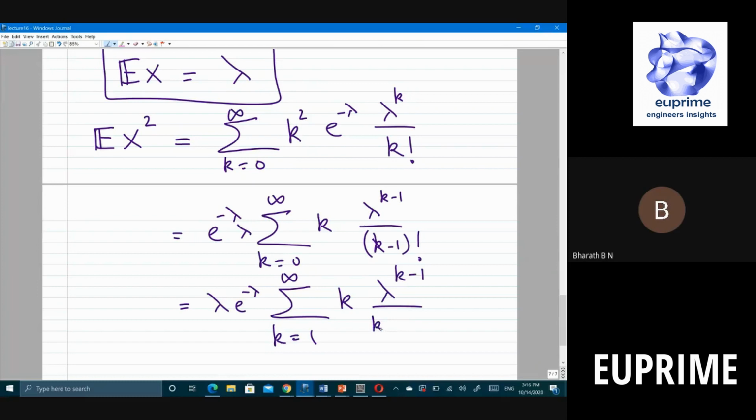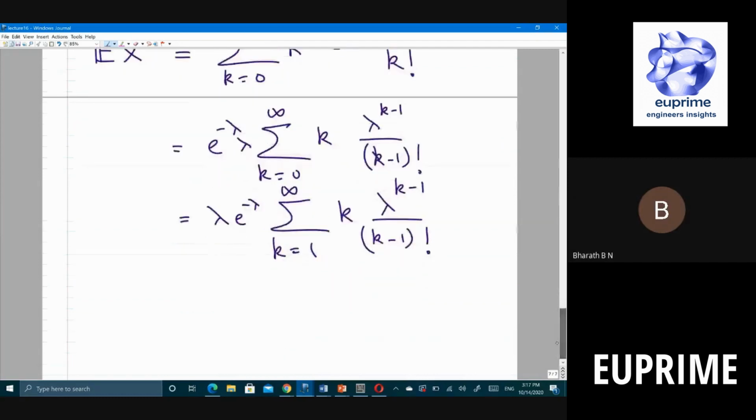Now how do you solve this? Let k minus 1 equal to V, then we can change the limit. Okay, let's do your approach.